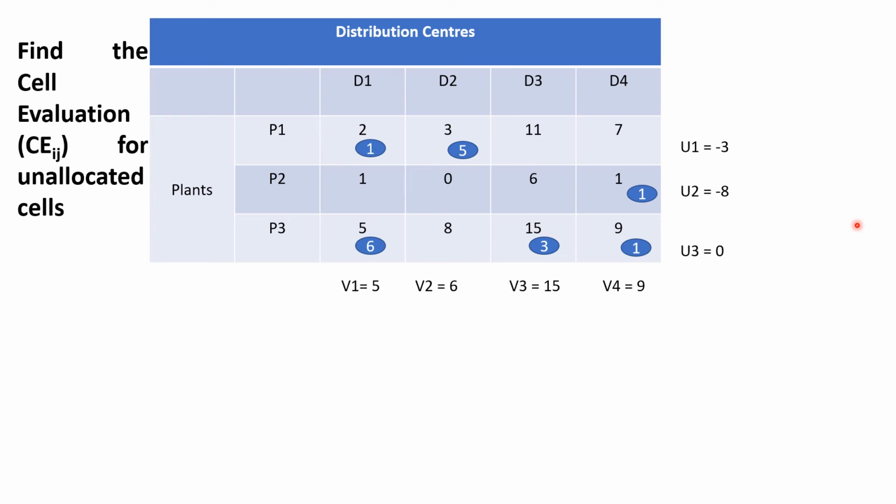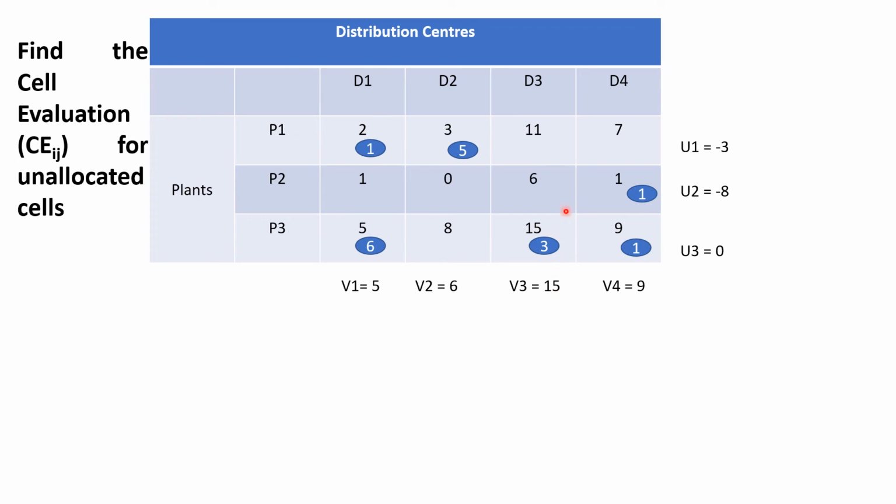Next we have to get the cell evaluations for the unallocated cells. That means these are my unallocated cells, where there are no allocations, and we have to compute the value for the cell evaluations. So let's start with this. What will be the cell evaluation for this particular cell? u1 plus v3, that is minus 3 plus 15, that gives you 12.